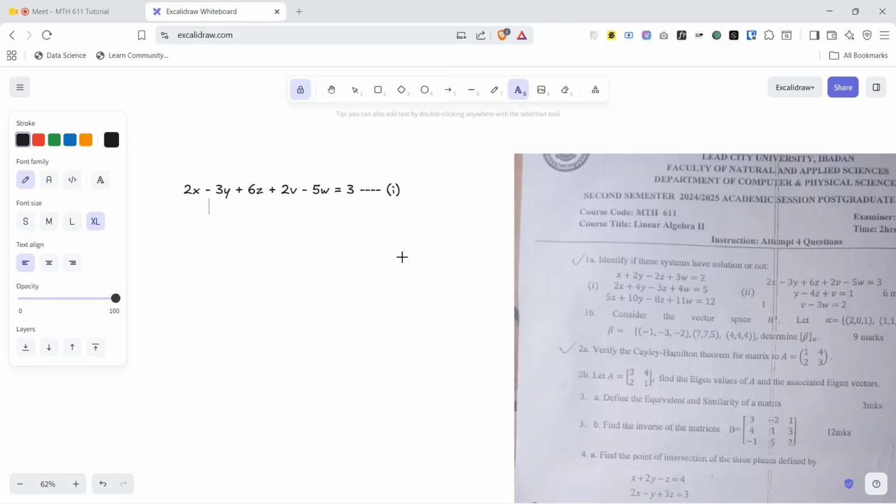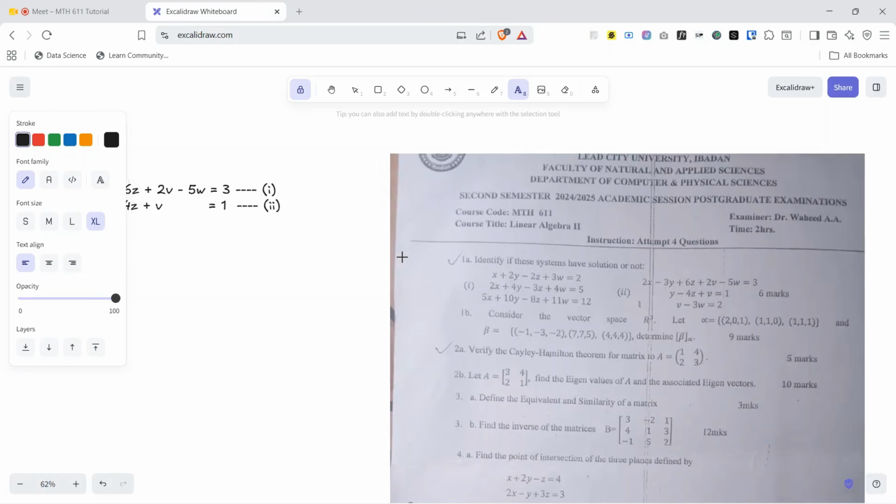Equation 2, we have y minus 4z plus v equals to 1. That's equation 2.